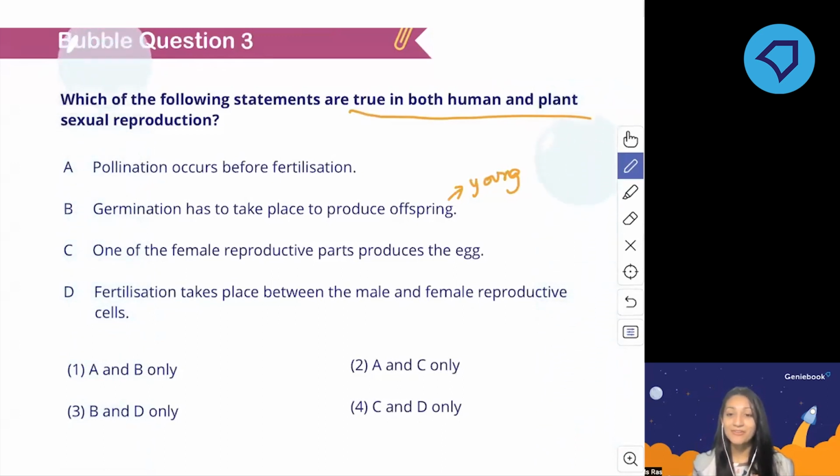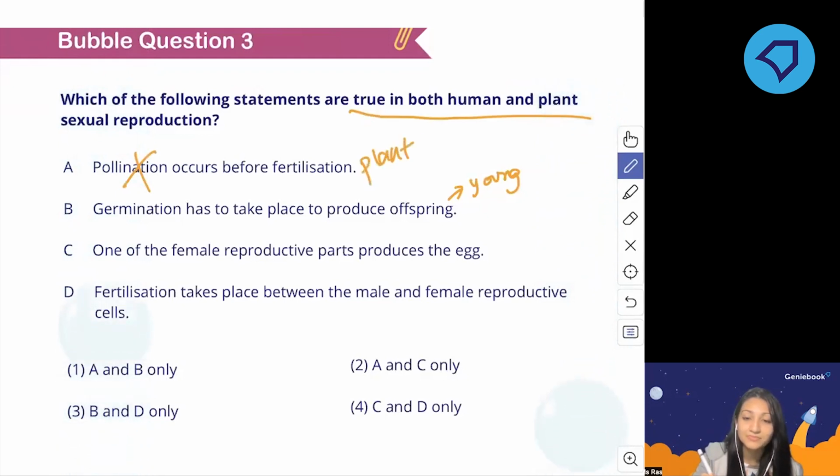Do humans have pollination? Can you imagine if humans had pollination? Would the sperm cells have to get blown by the wind? No. So this one is only for plants, which is why it's not true. It doesn't require pollination.